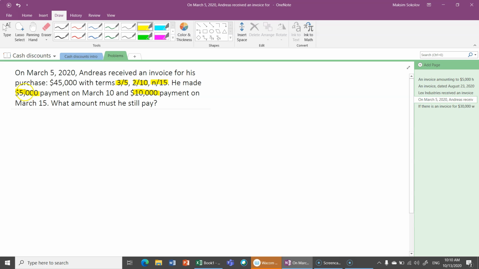Now, the first partial payment, which is $5,000, was made on March 10. And what day is March 10? Well, the day of the invoice is March 5. So March 10 is day 5, which means that it's here, right? So Andres would be receiving a 3% discount for payments made within the first 5 days, and because his payment is on day 5, he would be entitled to 3% off.